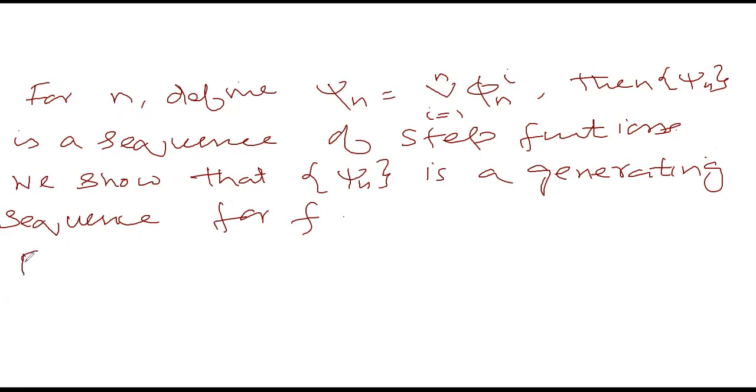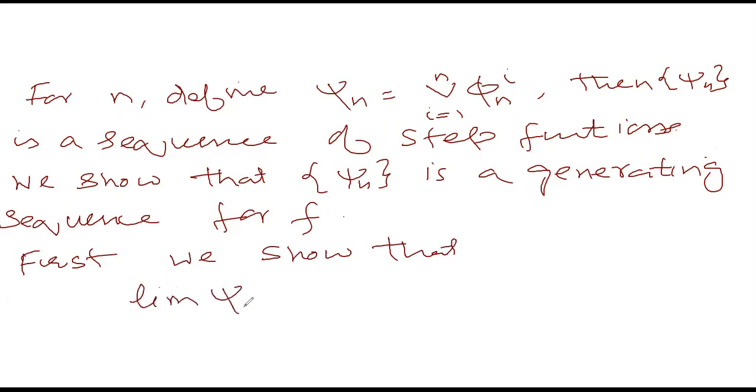First we show that the limit of psi n is equal to the limit of fn, and the limit of fn is equal to f. For this we show that the limit of psi n is the same as the limit of fn, and it is given that the limit of fn is equal to f.